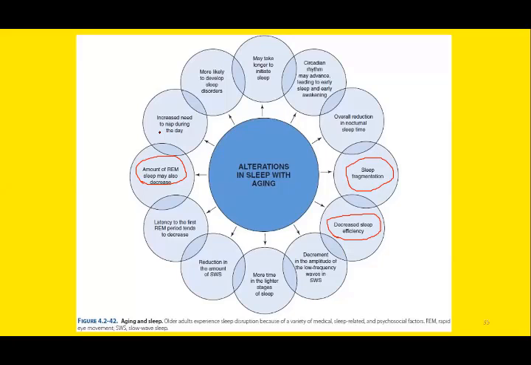Moreover, as we age, there is increased tendency to have naps, frequent naps, especially during the daytime. And as we age, there is increased likelihood to develop serious sleep disorders as well. So these are the variations that we may observe with aging.